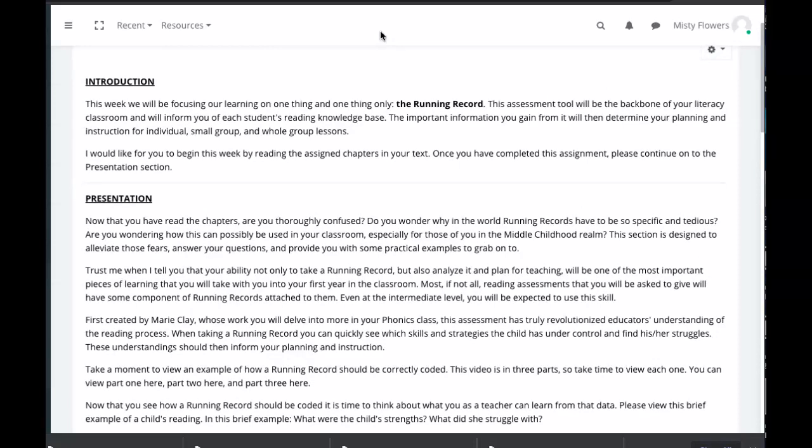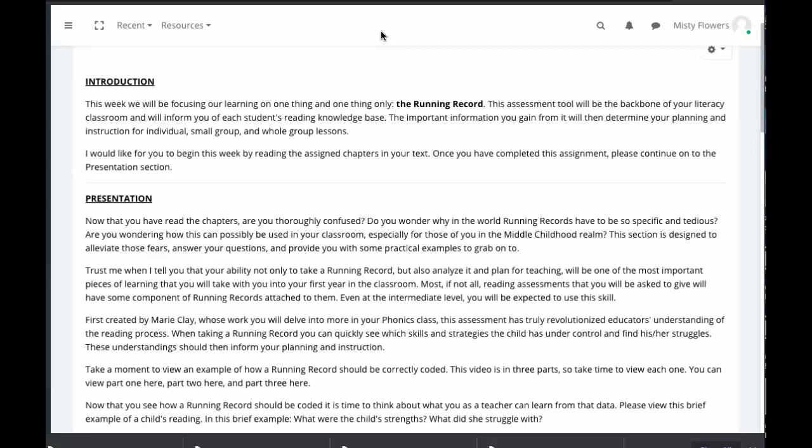Watch the student closely as he reads, coding behaviors on your running record form by making a check mark for words read accurately. If the student makes an error, you're going to make a line on the running record form. What the student said goes above the line, and the actual text and teacher actions go under the line. This is shown in Figure 11.2 on page 259 of our text.